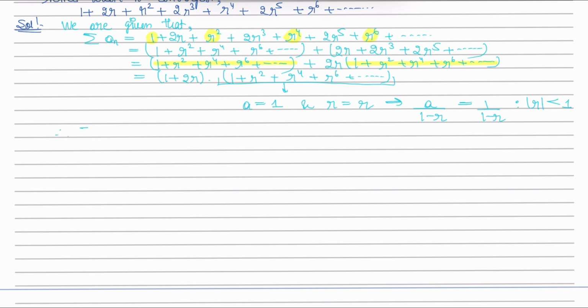Therefore summation an is equal to (1 plus 2r) into 1 upon 1 minus r, and this is valid only if mod of r is less than 1.